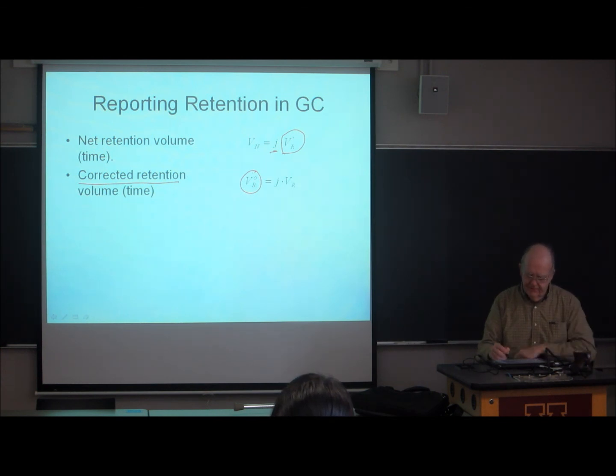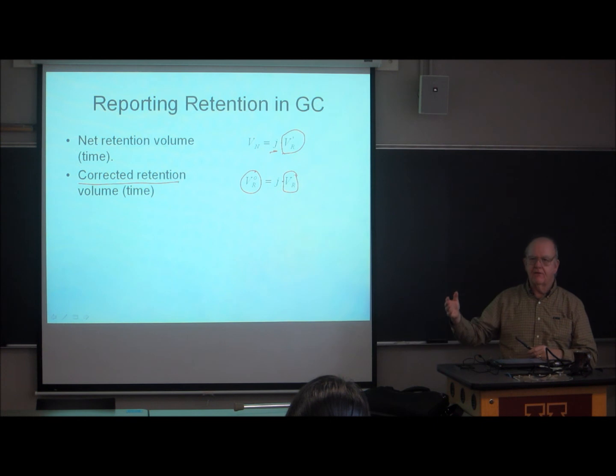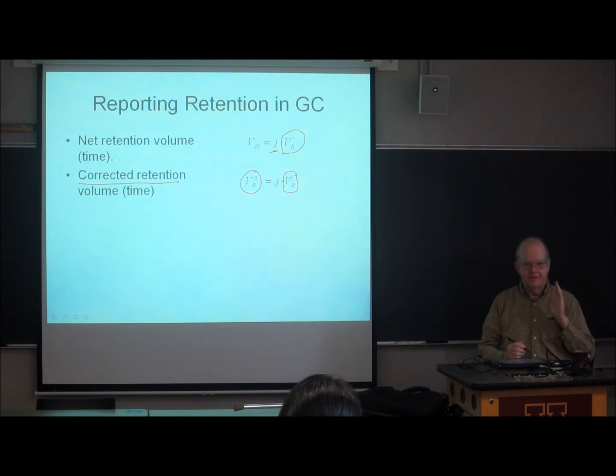The corrected retention volume is the measured retention time times the outlet flow rate multiplied by J to correct the outlet flow rate to the average flow rate. So these are our different measures of retention volume. Let me make this perfectly clear. In LC, J is essentially 1. End of story. It might be 0.995 or something like that.